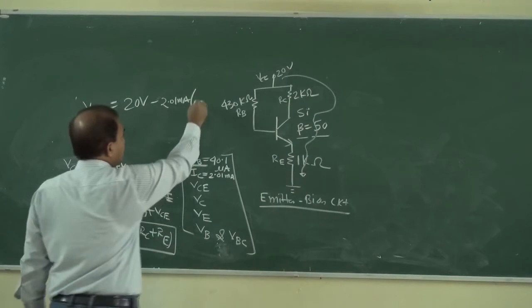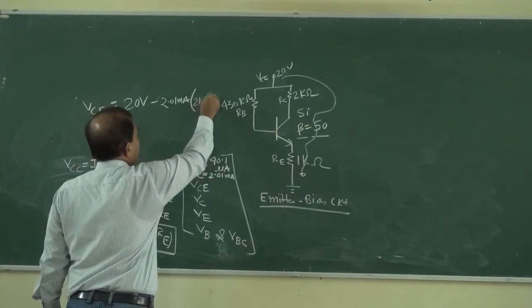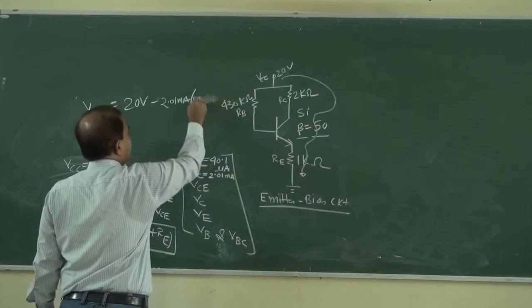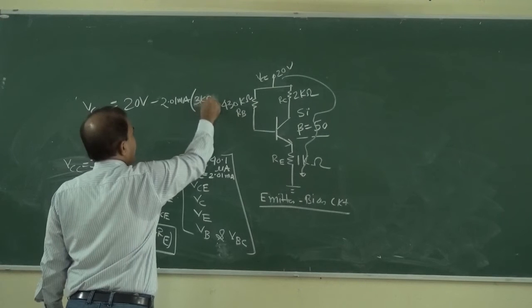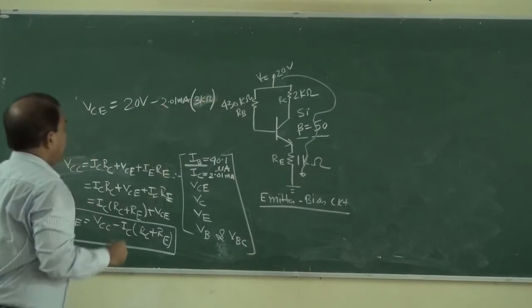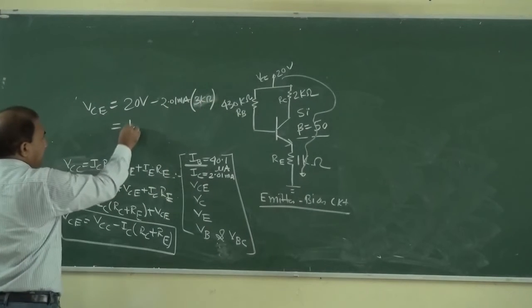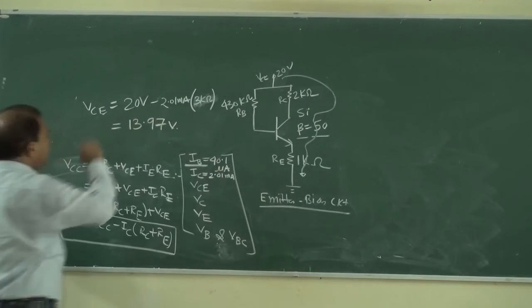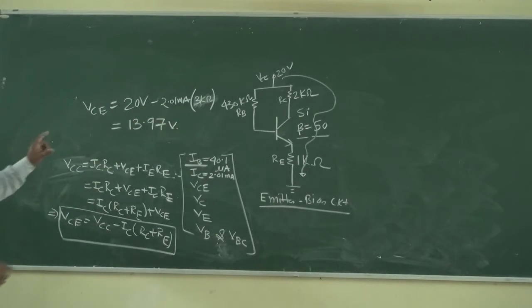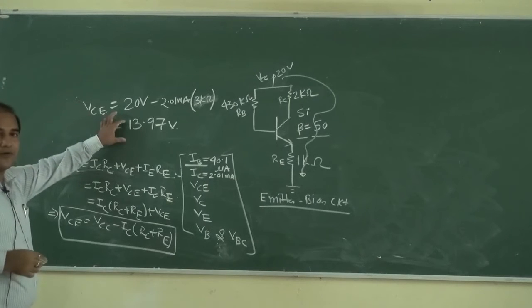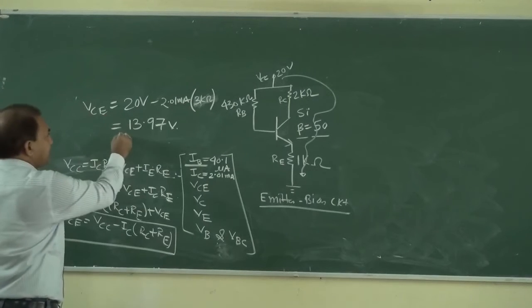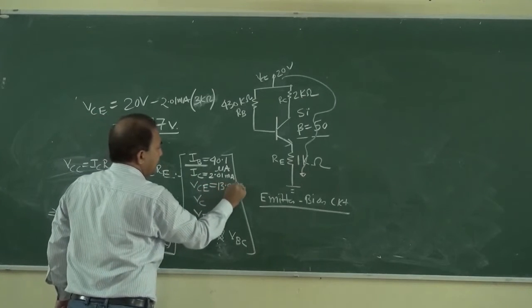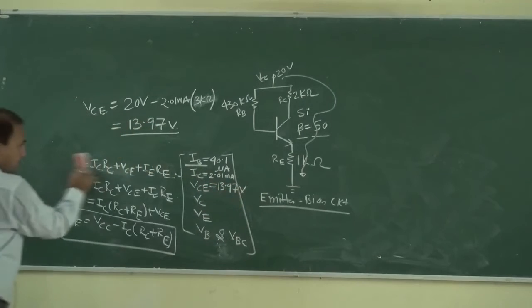RC is given as 2 kilo ohm plus RE is 1 kilo ohm, so it is 3 kilo ohm. Finally we are getting VCE, after calculation, equal to 13.97 volt.